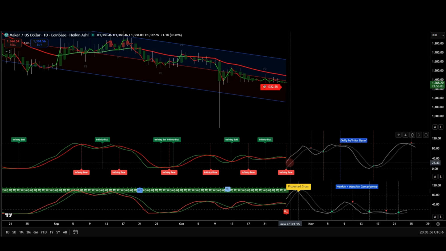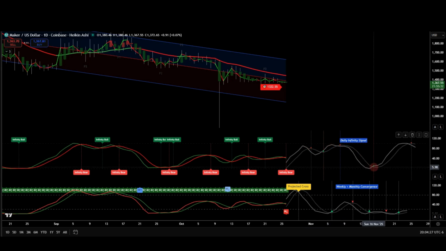That event would validate both the infinity signal's forecast and the traditional breakout structure, a confluence few traders ever see coming. All of these patterns, classical and algorithmic, are pointing to the same window of opportunity. The infinity signal's purpose isn't to predict direction, but to pinpoint the time of confluence, when energy across multiple timeframes meets. And right now, that energy is converging beneath the surface of Maker.